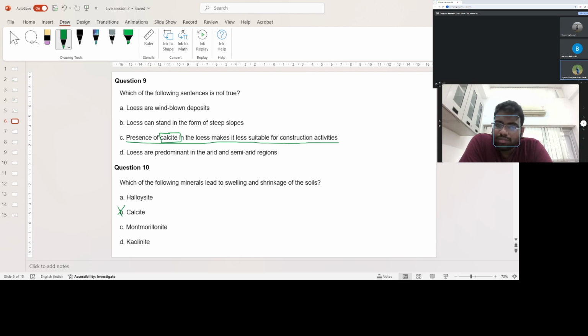Any reason for that statement? Because they are clay minerals, in contact with water they have very minor swelling. Okay, what you said is right. They do swell, but not to the extent of Montmorillonite.